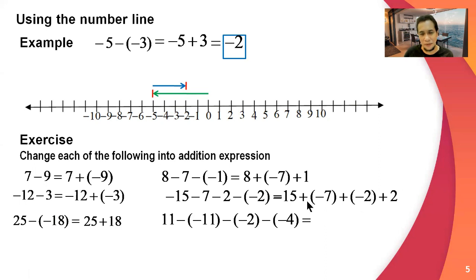So -15 plus -7 plus -2 plus 2 is the addition expression of -15 minus 7 minus 2 minus -2. Okay, shall we proceed to the next?